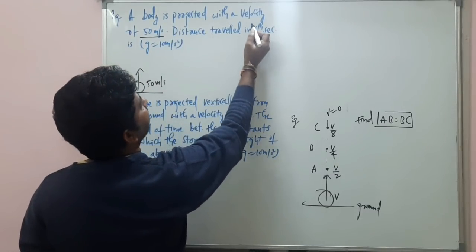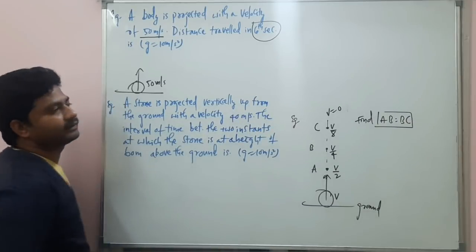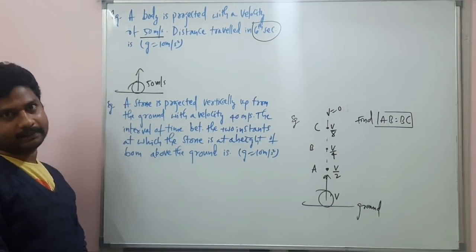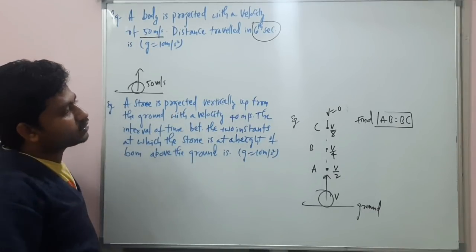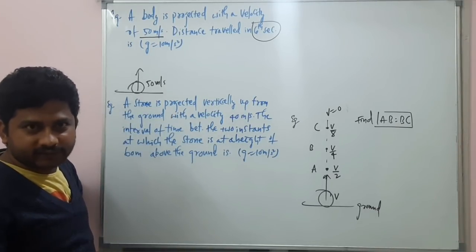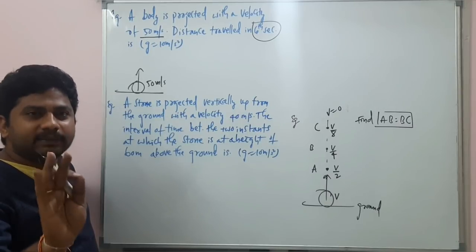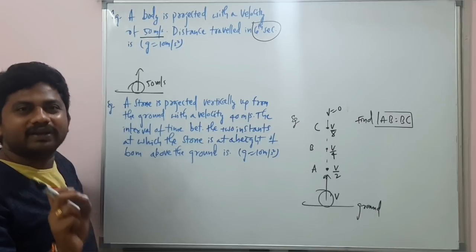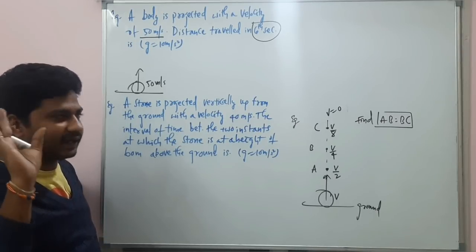Distance traveled by it in the 6th second. What is that? Distance traveled by it in the 6th second. Whenever this kind of questions are asked, first try to identify how much time it will take to reach the maximum height.